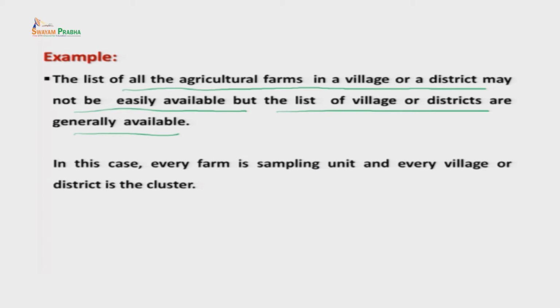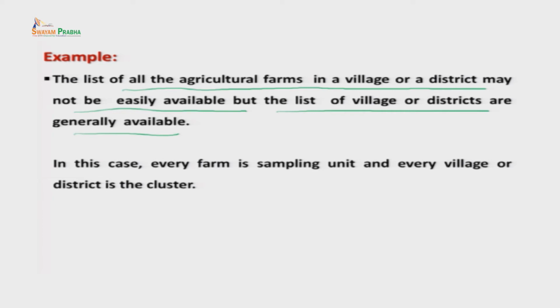So, that village or district is going to create the clusters, and all those agricultural farms which are in a particular district or in a particular village are going to create the clusters. So, we will try to select some villages or some districts, and whatsoever agricultural farms are contained in those villages or districts will be in my sample.